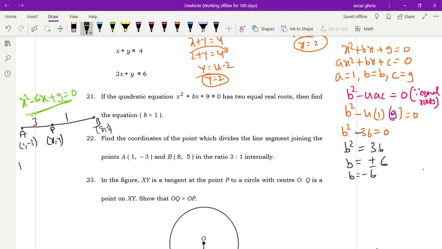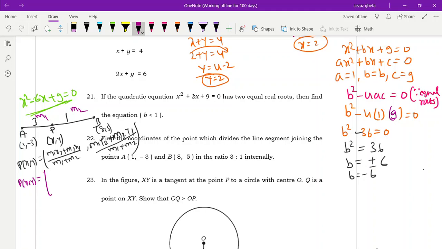So you know the formula: P of x comma y equals m1 x2 plus m2 x1 divided by m1 plus m2, comma m1 y2 plus m2 y1 divided by m1 plus m2. So here m1 is 3 and m2 is 1.